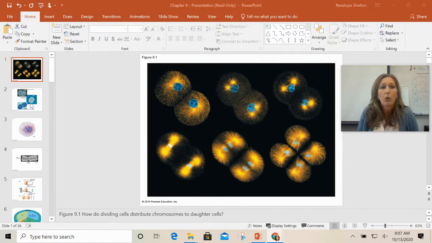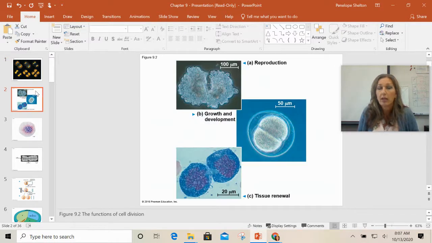Now, the reason we need cell division is that we need to make more cells. Cell theory tells us all cells come from pre-existing cells. When you first started, we had to make gametes. Gametes are cells that can fuse with other gametes to create new genetic combinations.